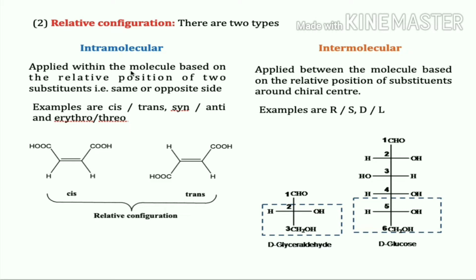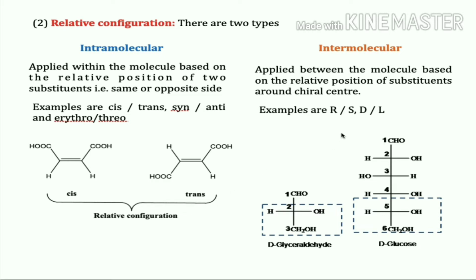It is applied within the molecule based on the relative position of two substituents, whether they are on the same side or on the opposite side. We are all aware of these relative configurations: cis-trans, syn-anti, and erythro-threo. Fumaric acid and maleic acid are the best examples for intramolecular relative configuration.